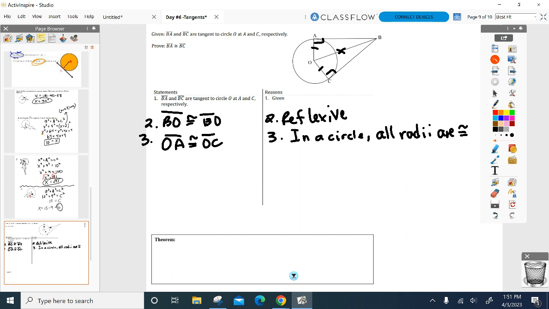But here's the thing, though, and I'm glad we're going over this now instead of in 2 days when we start actual proofs. You cannot say in step 4 that angle A and angle C are right angles. The theorem doesn't say they form right angles. The theorem says radius OA drawn to the point of tangency, which is on AB, are what?